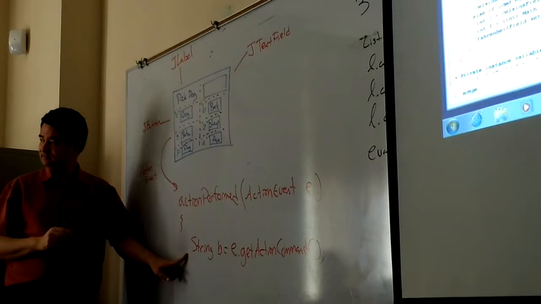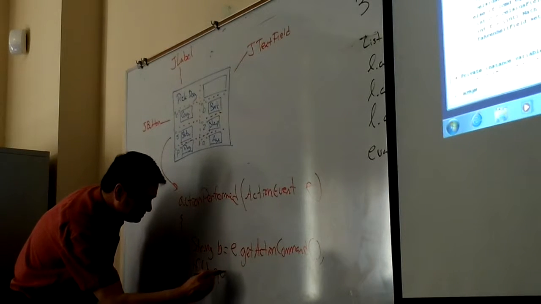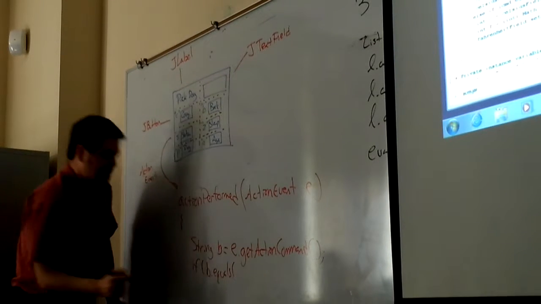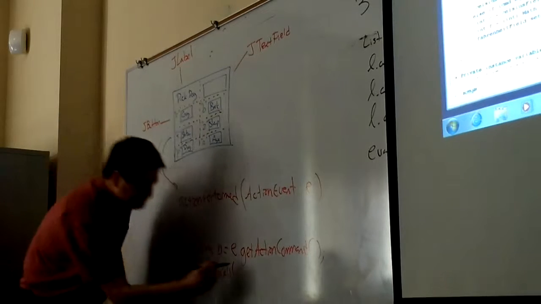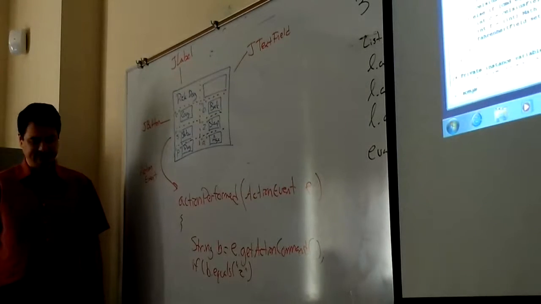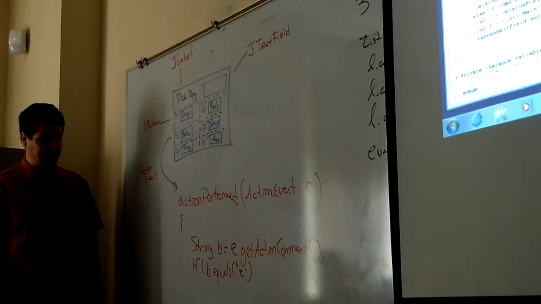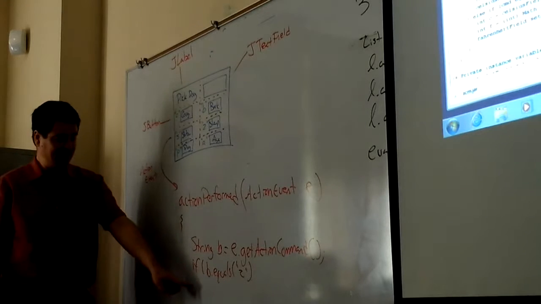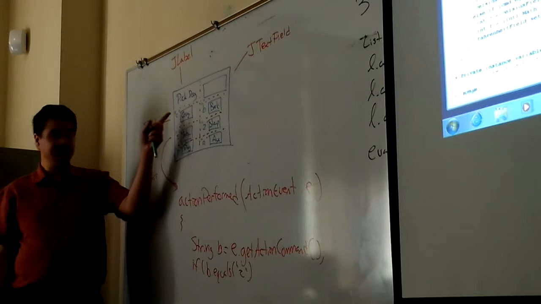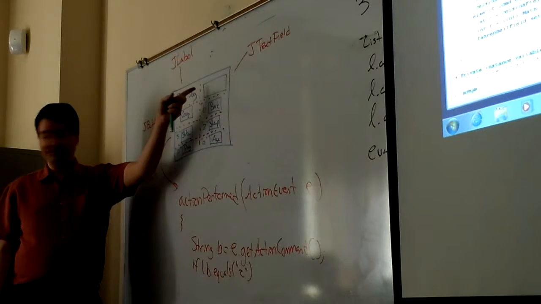So what do we do with that? We do if b.equals, let's say it equals Z. What should we do? Take that JTextField and set it to whatever that method returns. So we should call the sleep method on the dog object, get that string back, and then set the value of the label.